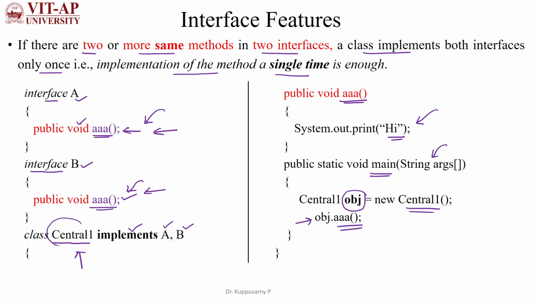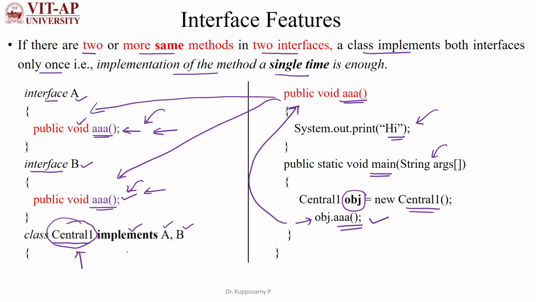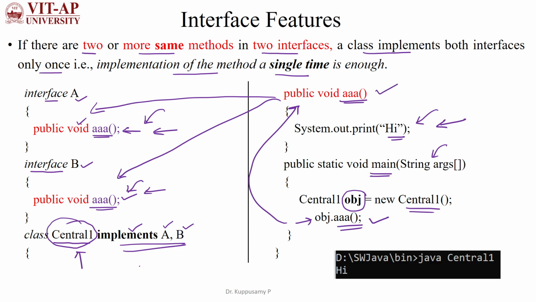When you call this method, the method tripleA is automatically called. This method overrides the methods available in the interfaces, because the class implements the interfaces. So the statement defined inside the tripleA method is given as output. You see, we got the output as hi.